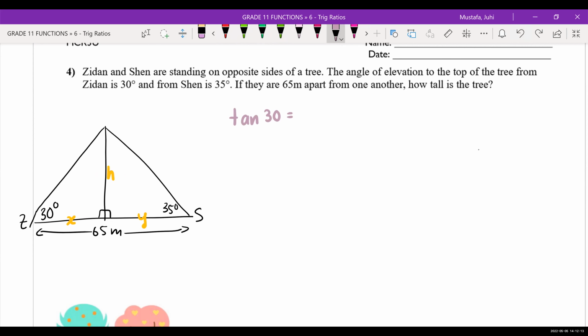So I'm looking at the left triangle. tan of 30 is equal to H over X. And then I'm going to rearrange this and solve for X. So X is equal to H over tan 30. And by the way, like anything in math, there are probably 4 or 5 different ways to do this. I'm just showing you one, and then later you guys can just try another method and see what works best for you.